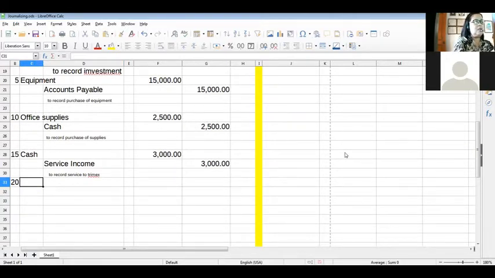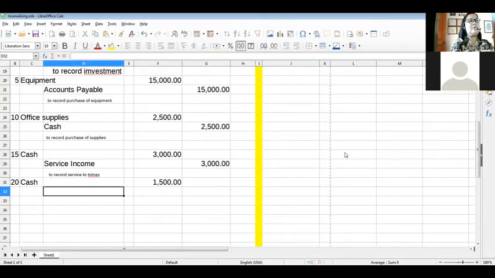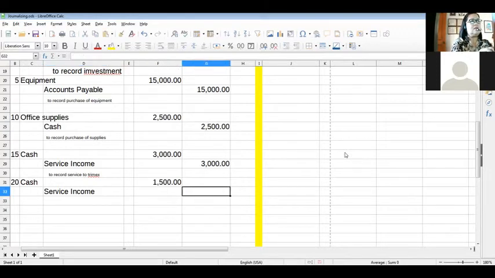So, nakatanggap ka uli ng cash na 1,500. At, syempre, ano i-entry natin? Nadagdagan ng income, di parehas din. We will be using again our service income account.